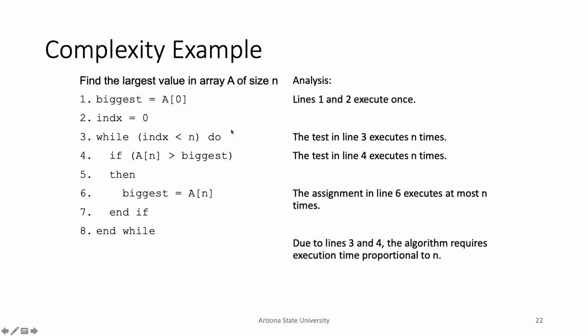So this outer loop will be run n times because while index is less than n, if I increment index every single time, then I'm going to do n incrementations of index. So this loop will execute n times. And then there's stuff in the middle which for each of those outer iterations will execute once, or at most once, in the case of the if statement here.